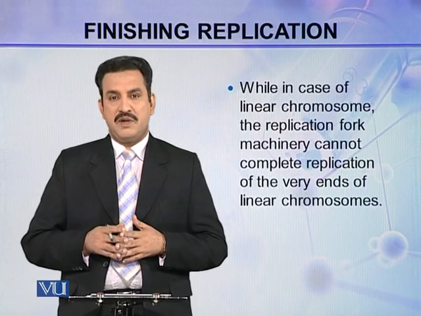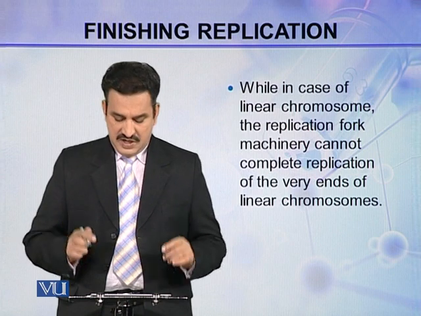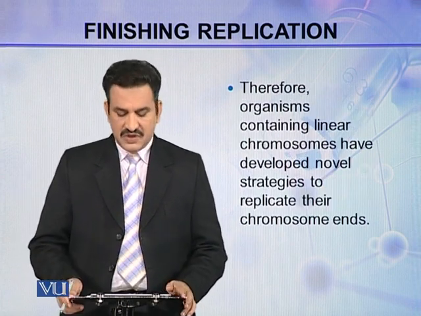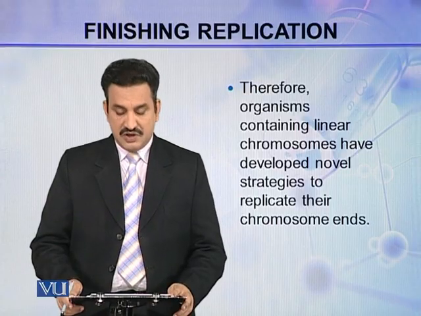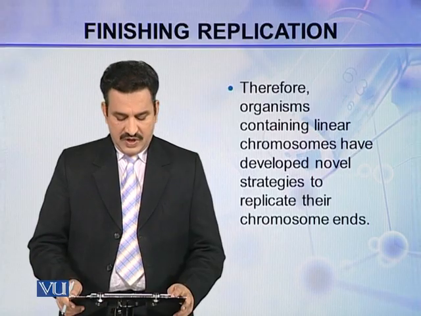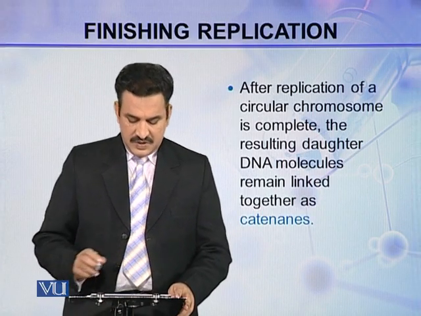The replication machinery cannot complete replication at the ends in case of linear chromosomes. Therefore, organisms containing linear chromosomes have developed novel strategies to replicate their chromosome ends or telomeres.